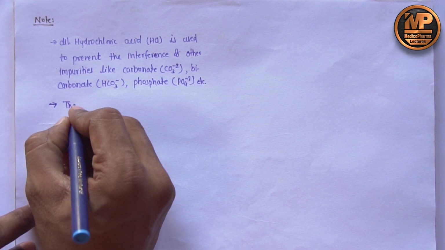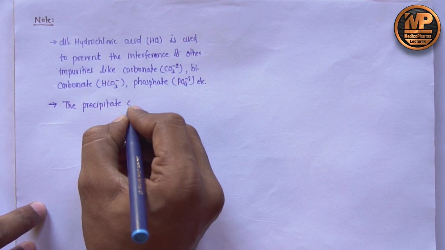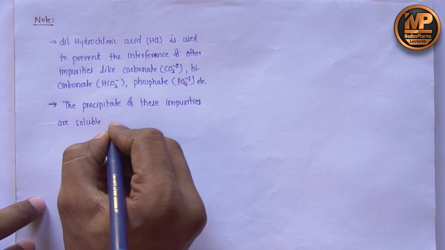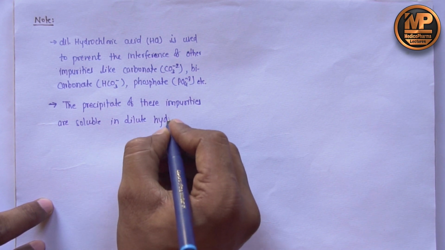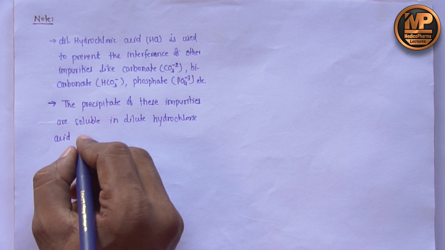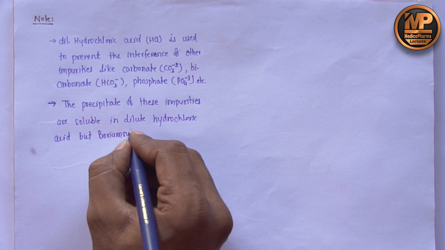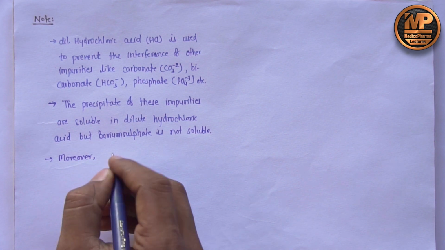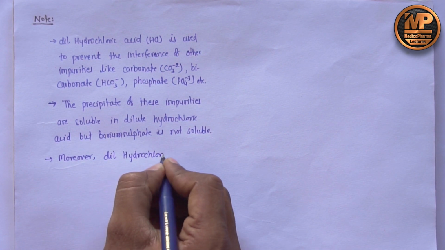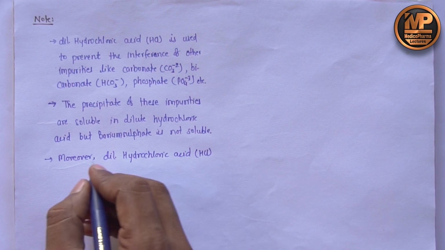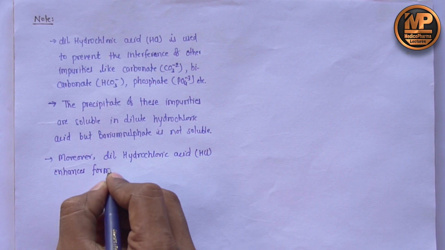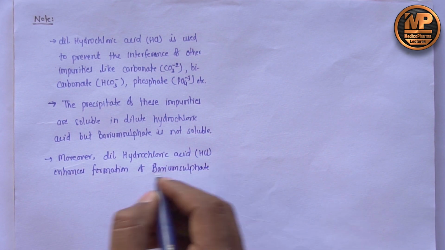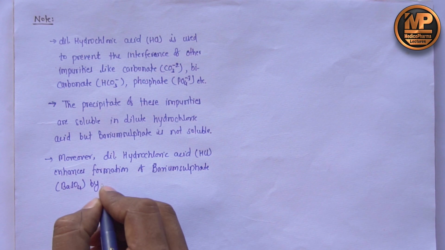The precipitate of these impurities are soluble in dilute hydrochloric acid, but barium sulfate is not soluble. Okay. Moreover, dilute hydrochloric acid HCl enhances formation of barium sulfate BaSO4 by common ion effect.